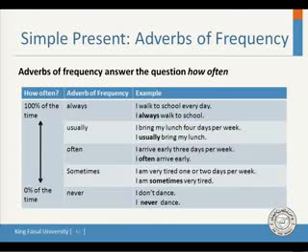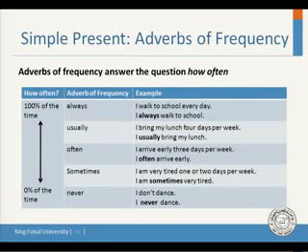On this slide, we have the adverbs of frequency. Here we have 5 adverbs of frequency. What are the adverbs of frequency? And why do we use them? We use the adverbs of frequency to say how often we do something. For example, I visit my grandfather once a week.